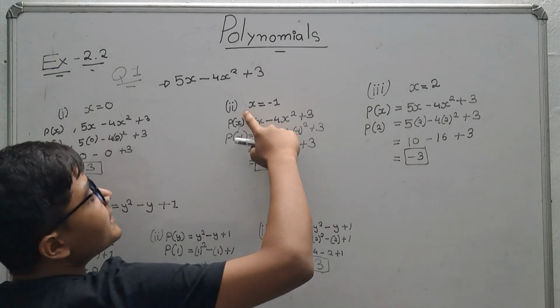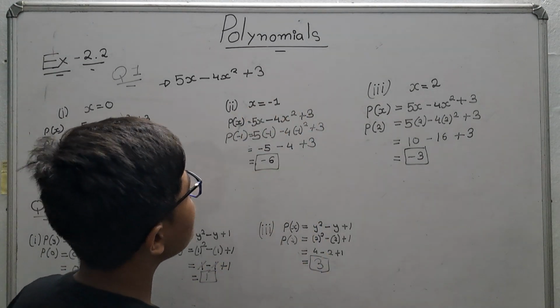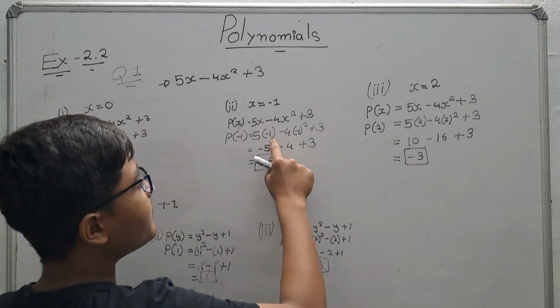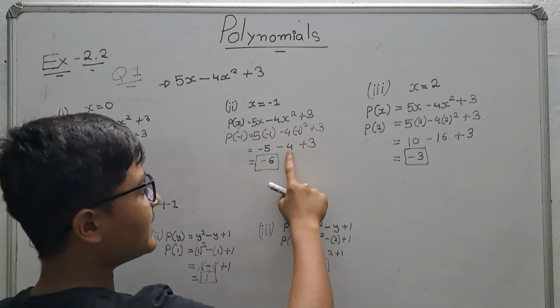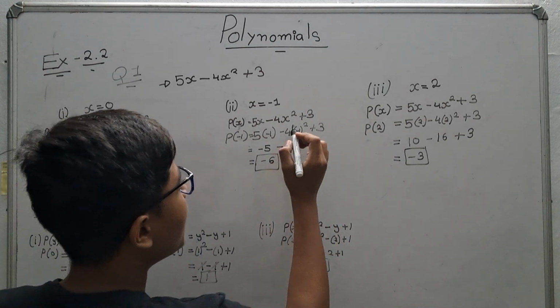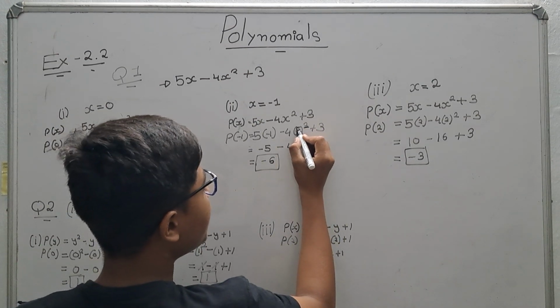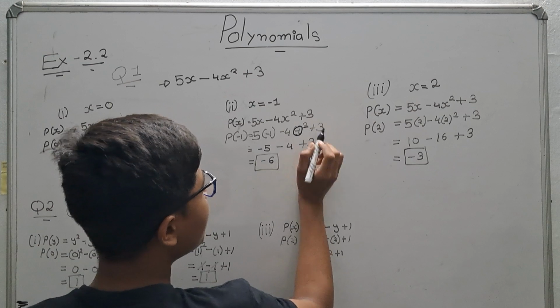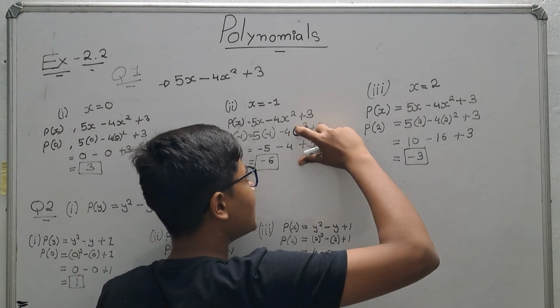Then here x is equal to minus 1, you have to put minus 1 in place of x. So if you put minus 1 in place of x, you will get minus 5, minus 4 and plus 3. Students, see, here the 2 is present, and here minus 1 is present.